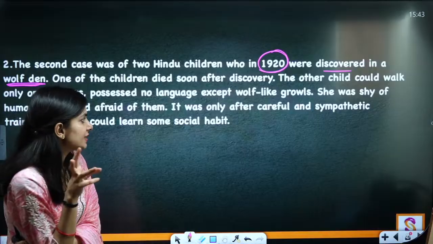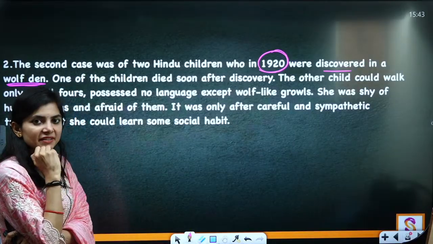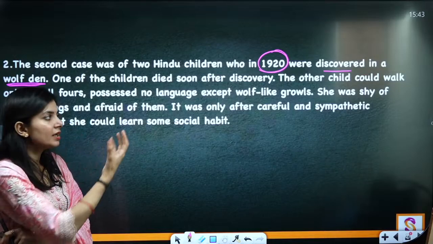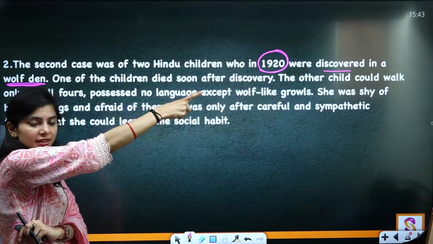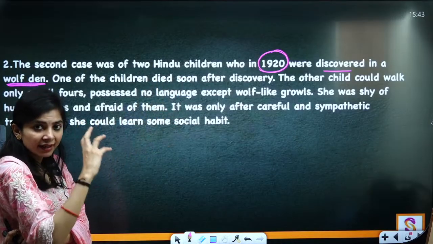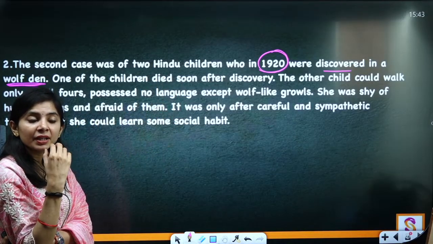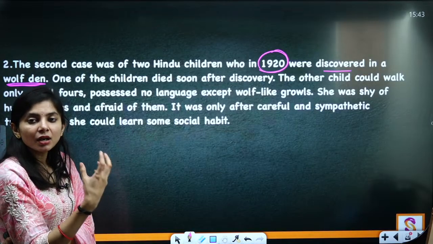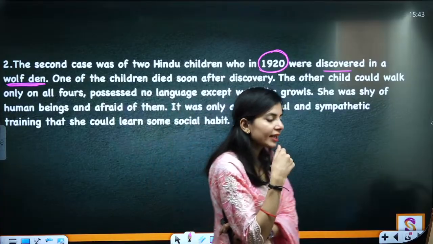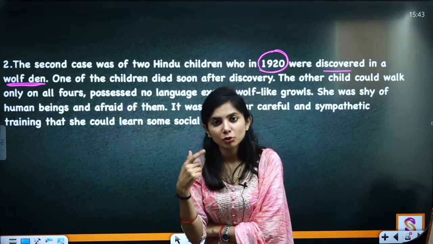In the same way, when the other girl was being trained and counseled, after so much sympathetic behavior, slowly she started getting into the social habit.